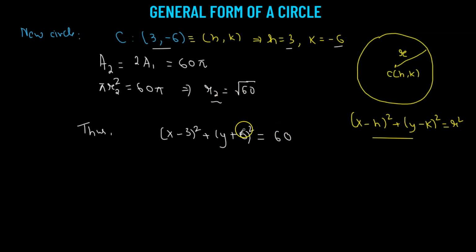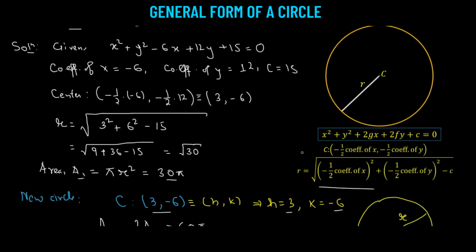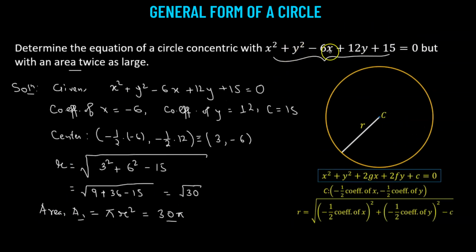Let's expand this, and this is going to give us x squared plus y squared minus 6x plus 12y minus 15 equals 0. This is going to be the equation of the new circle, which is concentric with the circle given to us, x squared plus y squared minus 6x plus 12y plus 15 equals 0. And also the area of the new circle is going to be twice as large as the previous circle, or the original circle.